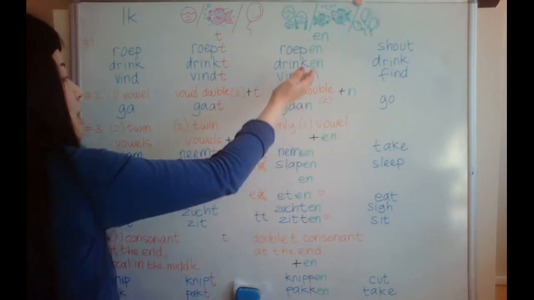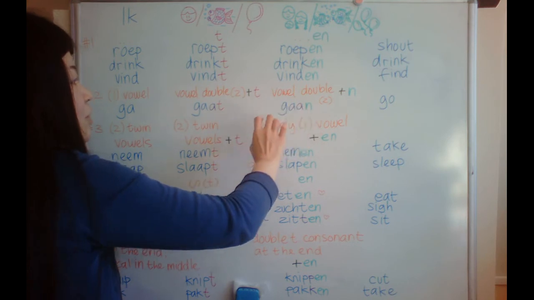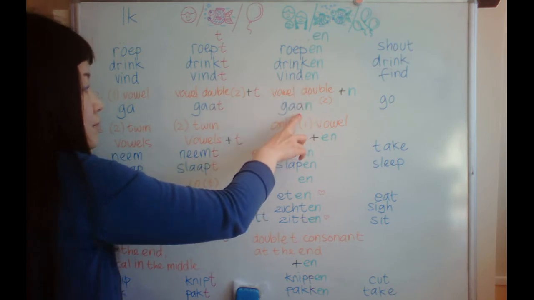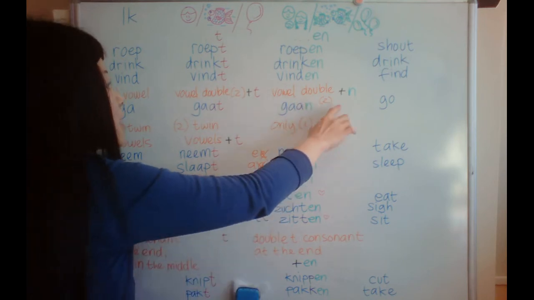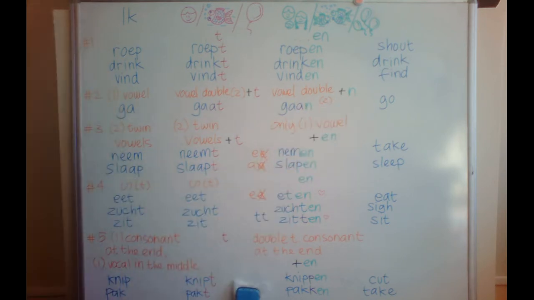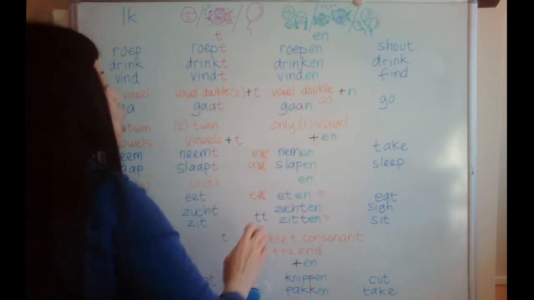You don't have to put the en. Even though this is a, not e, it works like this. You just have to double the vowel, and then you put n. Ga, gaat, gaan. Go.